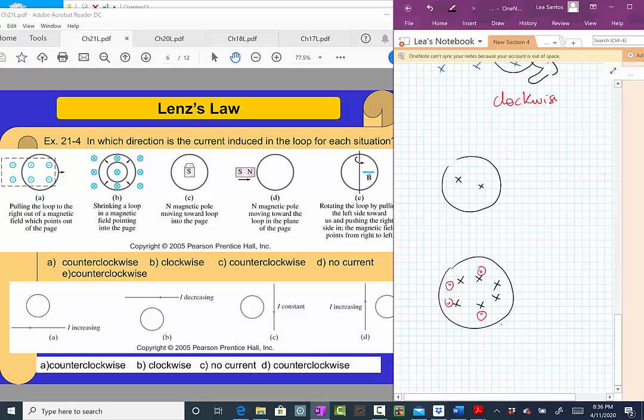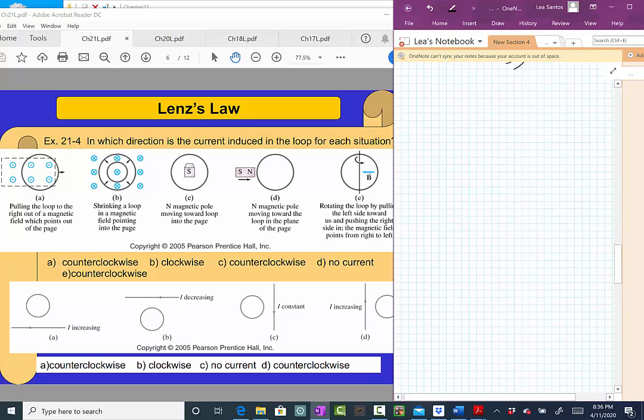Coming out means that the induced current will be in this direction, will be counterclockwise. Again, how do I know that the current is counterclockwise? Use your first right-hand rule. Thumb following the current and the four fingers coming out of the loop, so magnetic field coming out of the loop. Okay, so this was problem C.